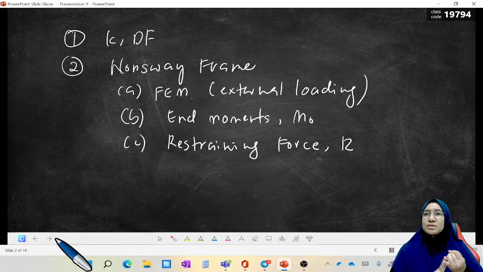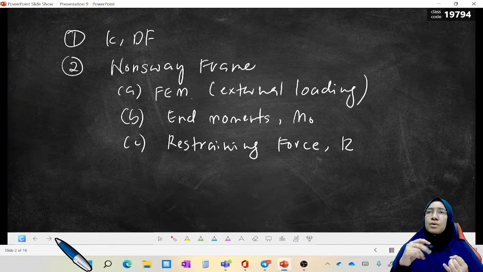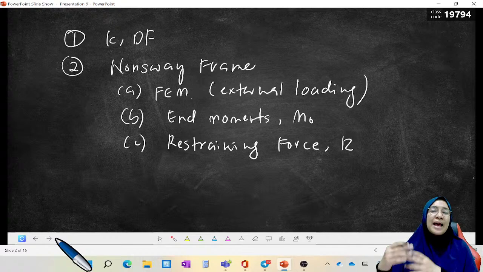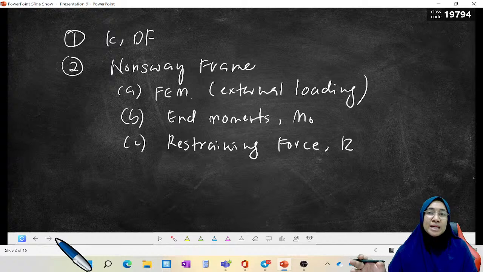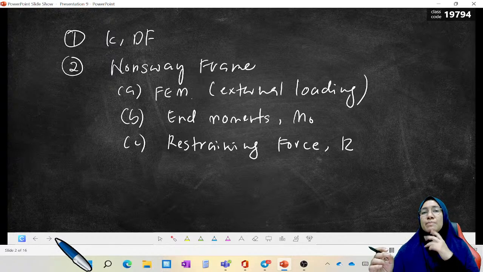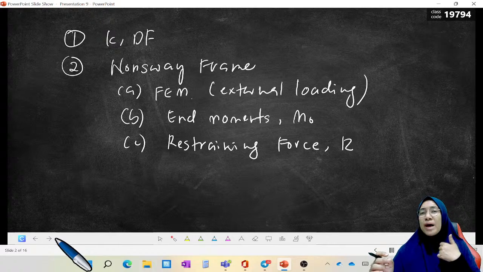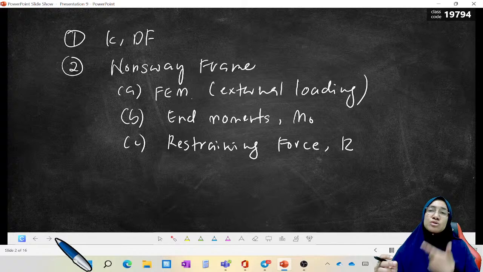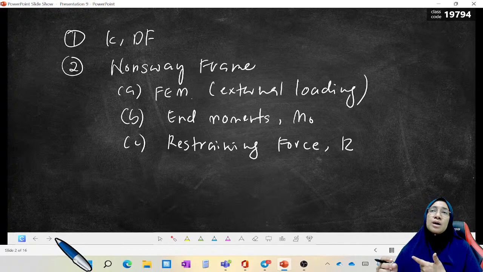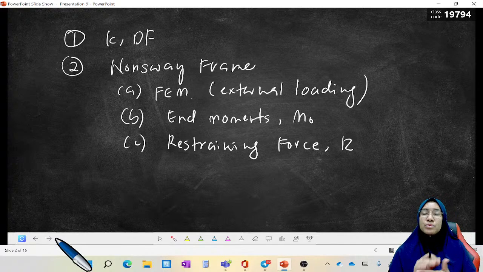In the non-sway frame, we need to remove delta from the system so that we can calculate FEM using the formula for loading. Because we have to remember that FEM is divided into two: one is due to external loading and one is due to delta. FEM itself has two, and we have to consider these two conditions.